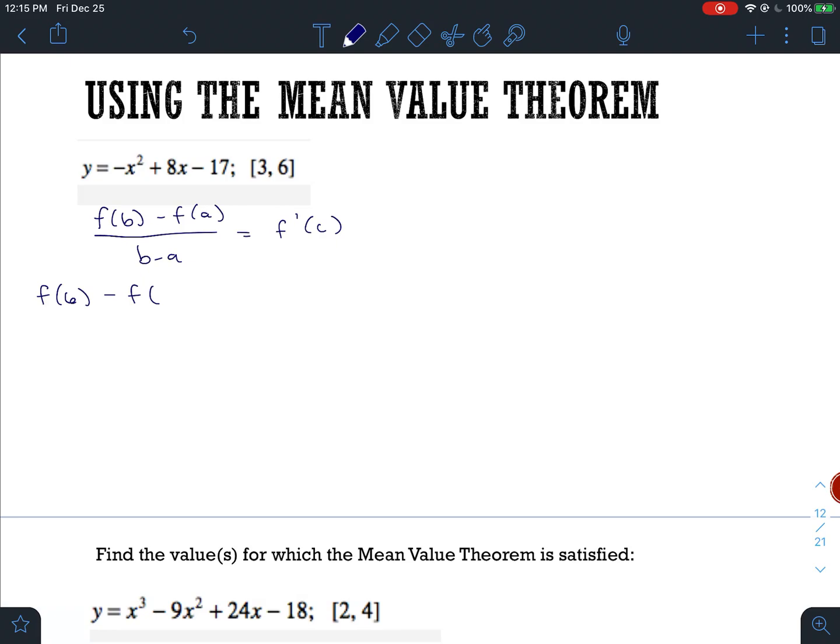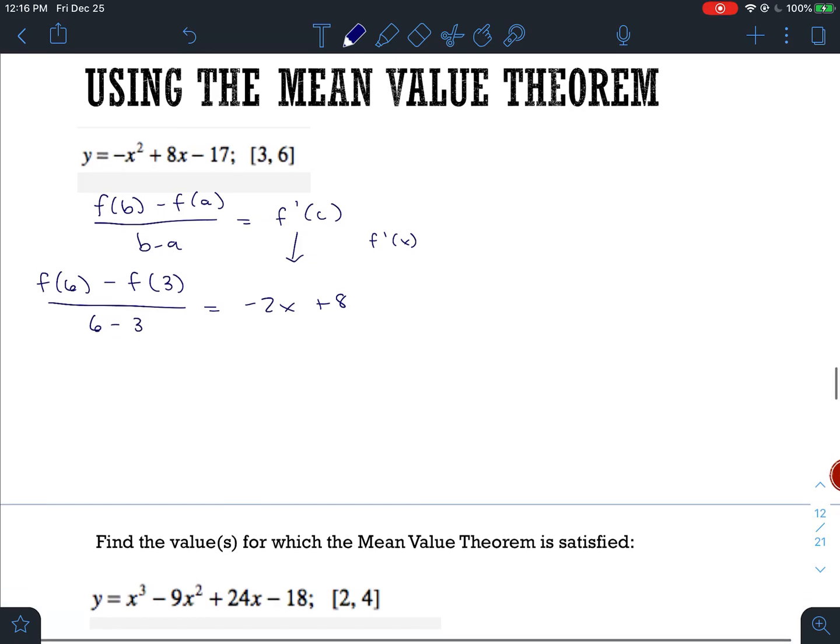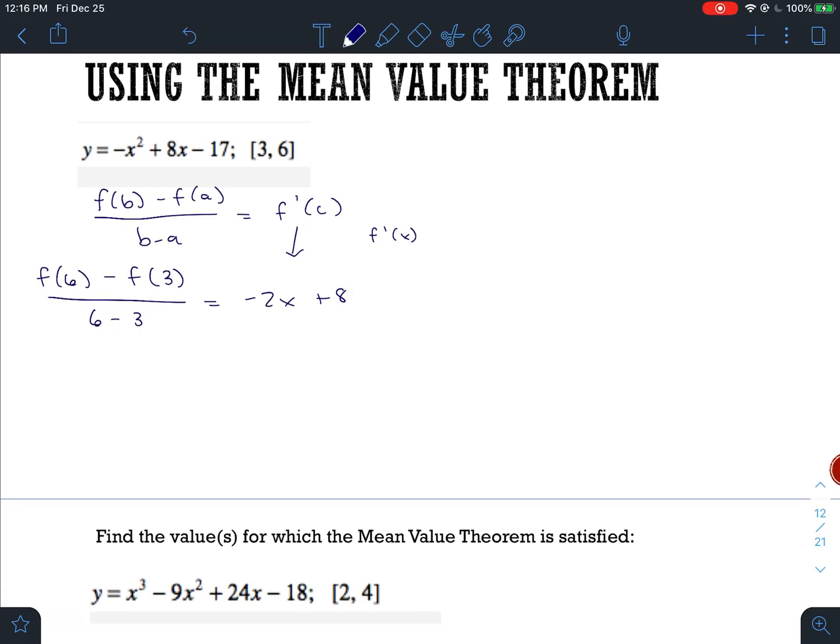So let's just do this. So this is going to be f of 6 minus f of 3 over 6 minus 3. And we want to make that equal to the derivative. Well, the derivative of this function, f prime of x, is going to be negative 2x plus 8. So we want to show that negative 2x plus 8 is going to equal the average value somewhere between 3 and 6. So f of 6 is going to be negative 36 plus 48 minus 17.